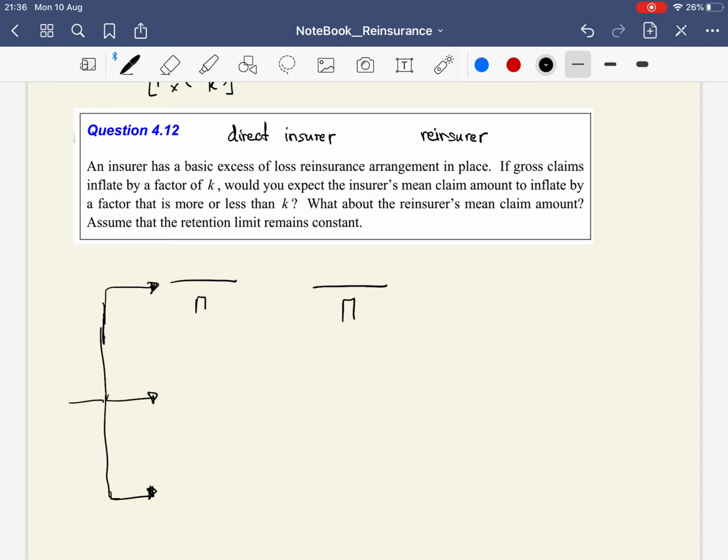So for this type of claim, the direct insurer's part is going to rise by 10% and nothing happens to the reinsurer. So from 0 to 0, maybe I'd say a 0% change, for the reinsurer part.